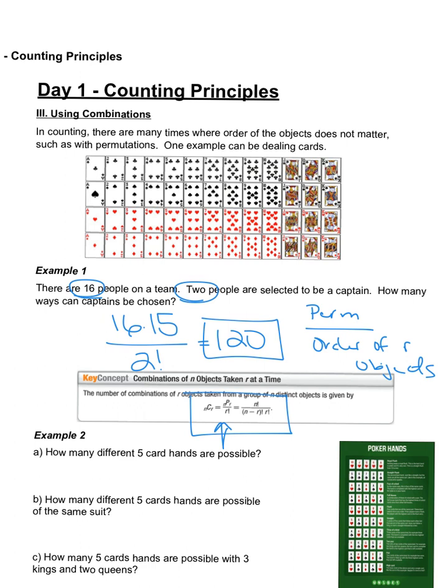You can see we start with our permutation formula, but then we're dividing out by the number of ways you can order those r objects you selected, okay? This is your formula expanded out. So you can see the n factorial over n minus r factorial is your permutation piece, but then we have the extra r factorial in our denominator because order of those objects does not matter.